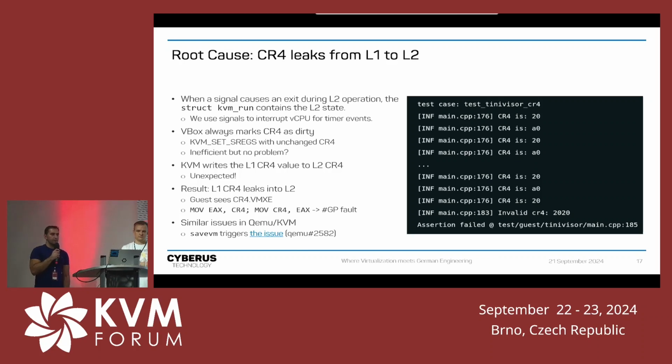And we didn't even know that, so we just wrote the old level 1 value of CR4 again to the CR4 register. And actually this caused the general protection fault, because in this case we enable CR4 VMXE, so we enabled VMX for the level 2 guest, and this causes a general protection fault.